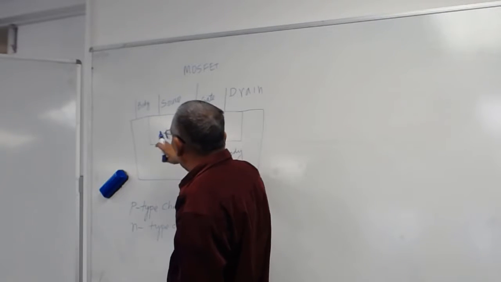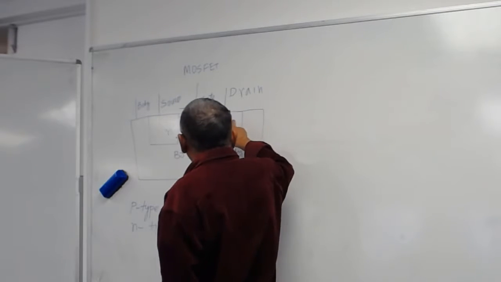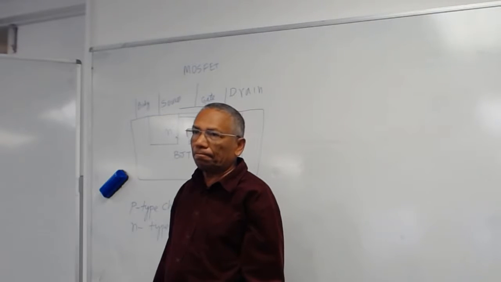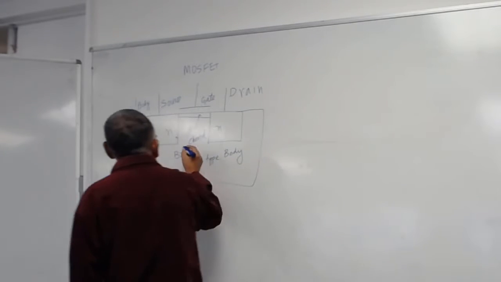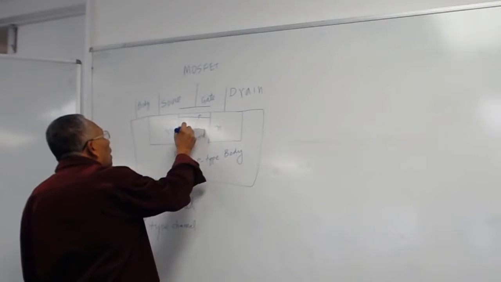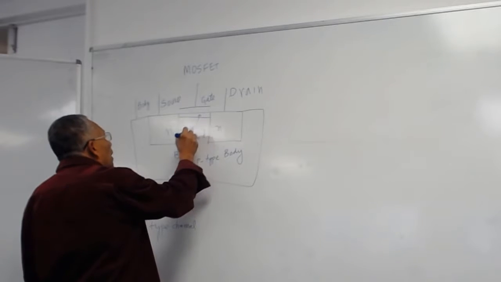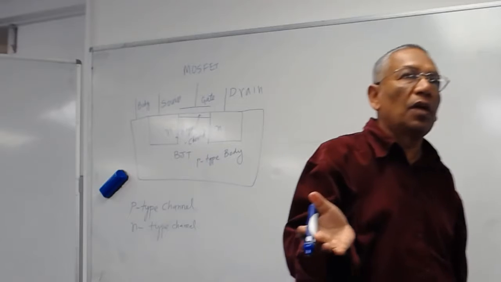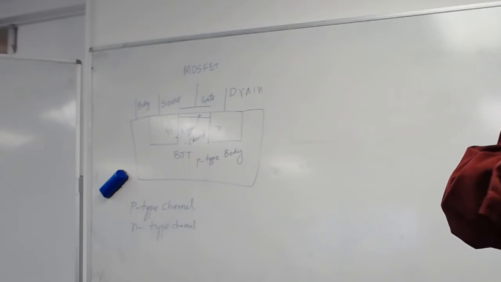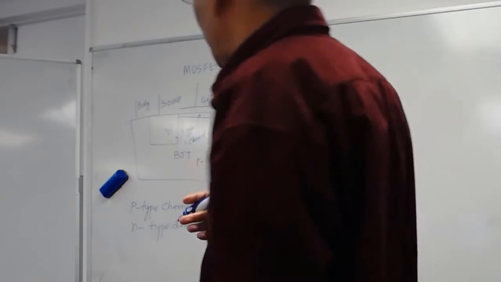So you basically want electrons to flow along the channel into the drain. So it's n-type, exactly. So here you want an n-type channel. So you distinguish a MOSFET by the type of channel, N-channel MOSFET or P-channel MOSFET. Okay?